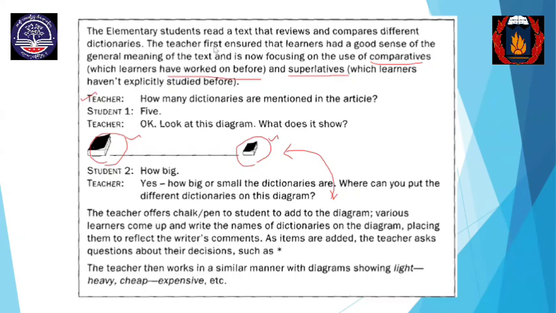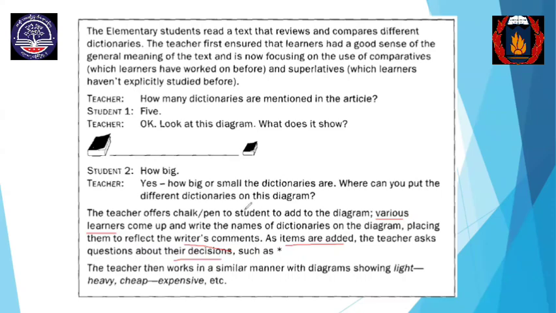After that, the teacher offers pens or chalk to the students to act out the diagram. The teacher calls different learners to come up and write the names of the dictionaries on the diagram, placing them to reflect the writer's comments. As the items are added, the teacher asks questions about their decisions, why they put the dictionary at this place.